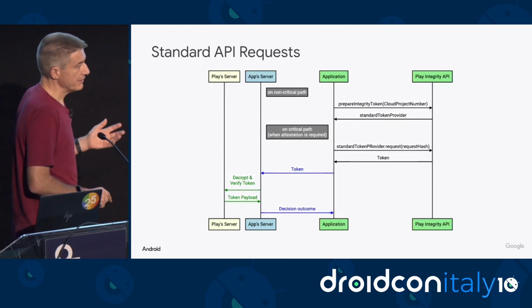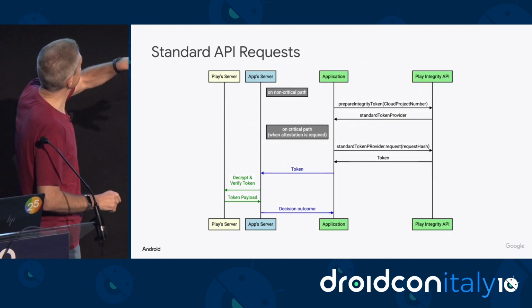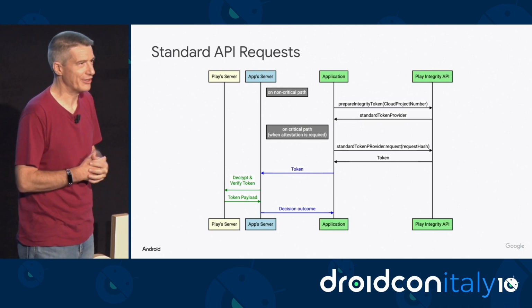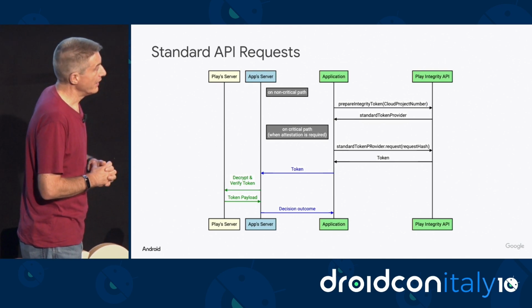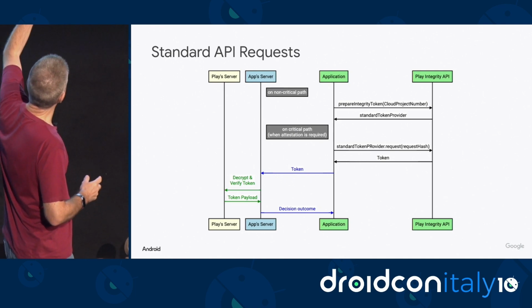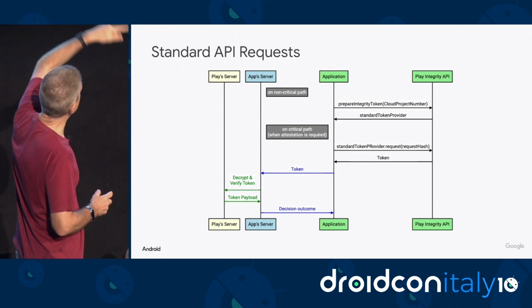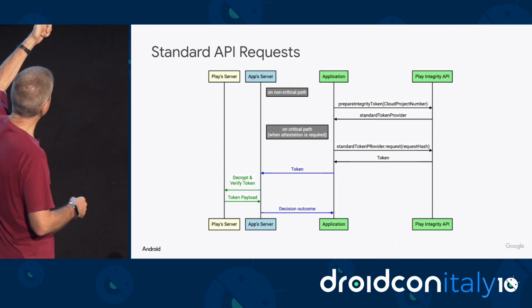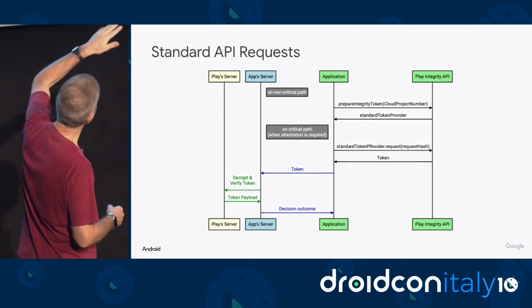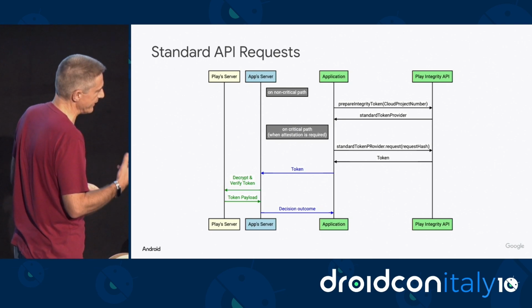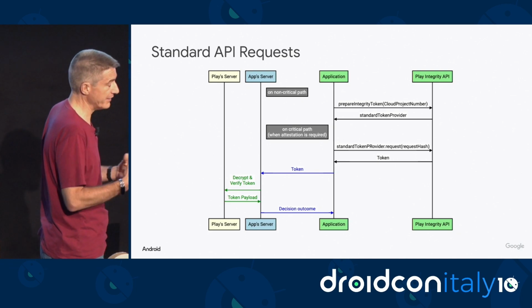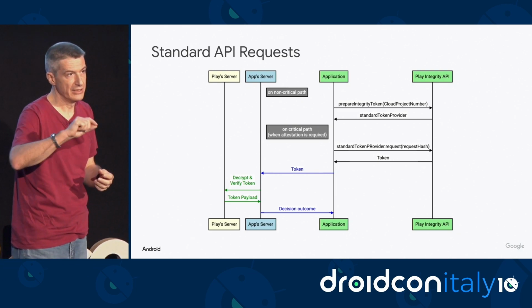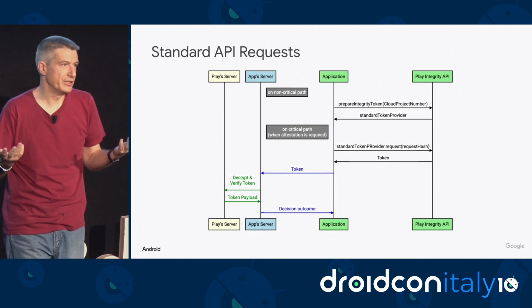Standard API request, same actors, different story. This is a 2-act story where you have a setup where you generate this standard token provider object, and then you can use the standard token provider to validate a hash and build, instead of having a nonce that you use over and over again, which would not be safe.